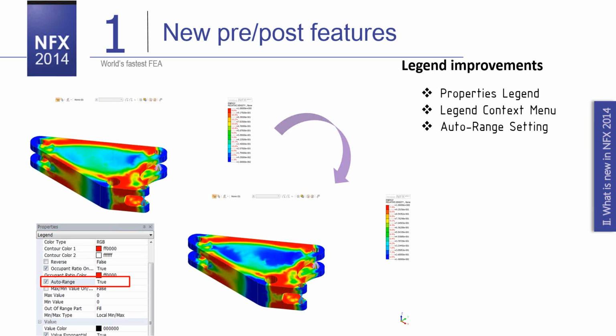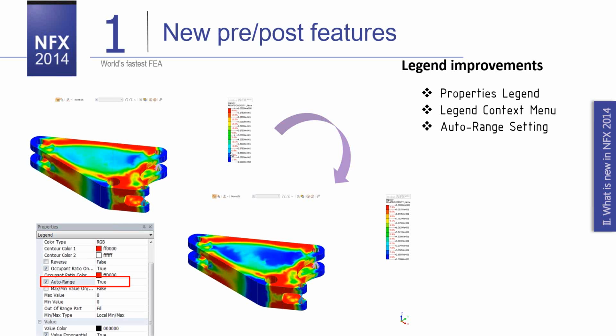And we have the auto range function. This is working on the legend of the model. Usually when you do an analysis, you get the results, and the legend is not, let's say, homogeneous every time.